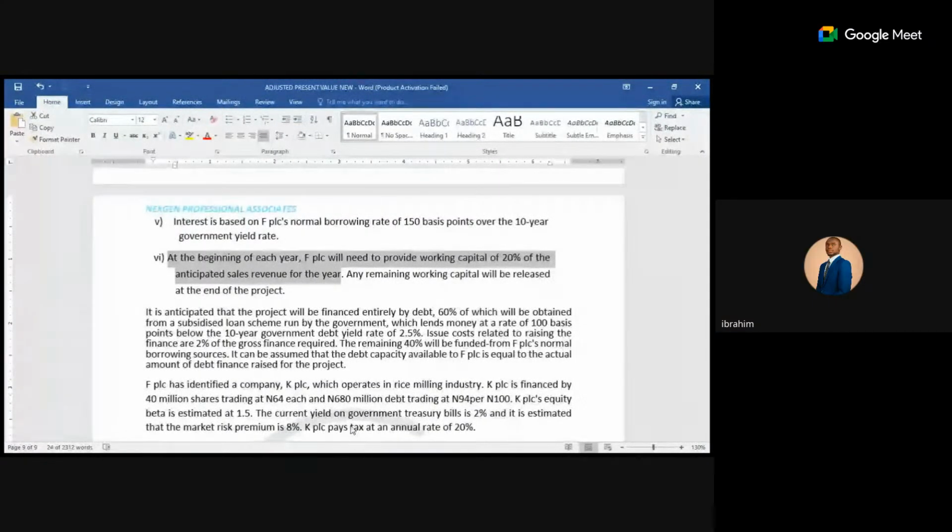The anticipated revenue is the revenue you inflated, right? Which is 20%. Now, any remaining working capital, of course, working capital is what you use to finance the project, right? So any remainder will be released, of course.